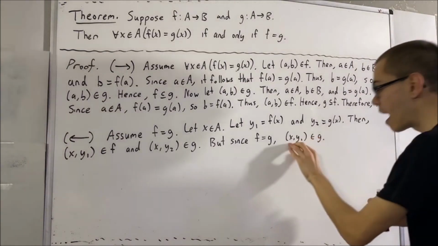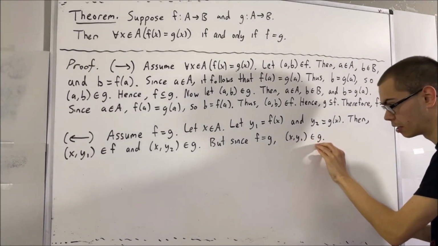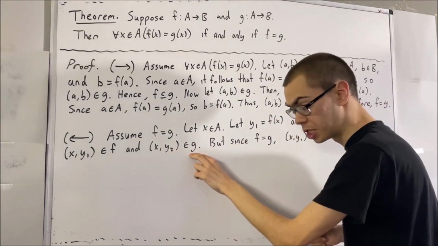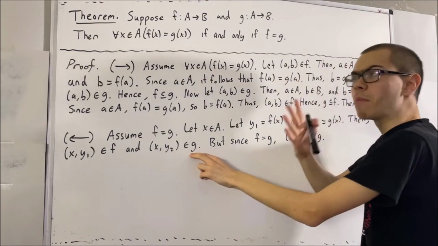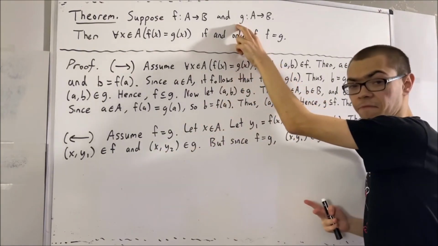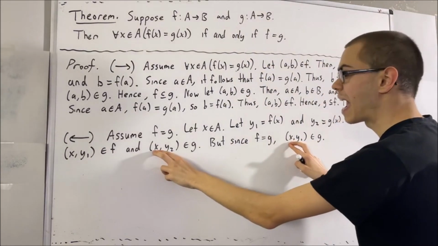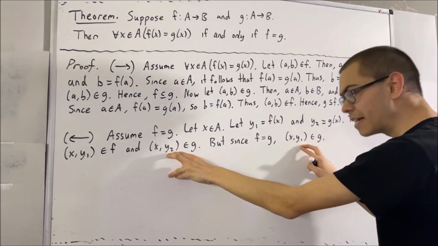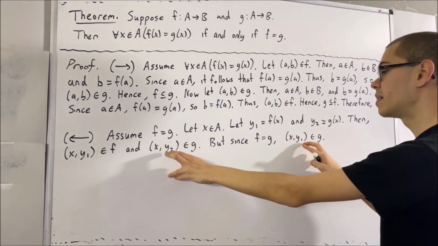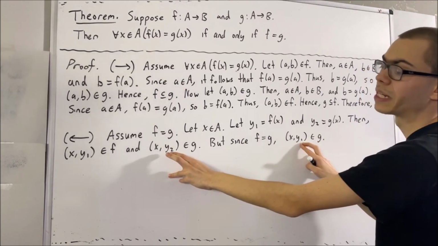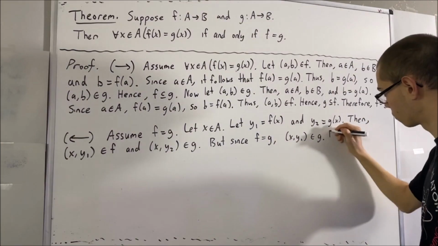We see that (x, y1) is in g, and (x, y2) is also in g. But remember, g is a function. So what that means is that x has to map to a unique value. And because it must map to a unique value, what that means is y1 must equal y2.